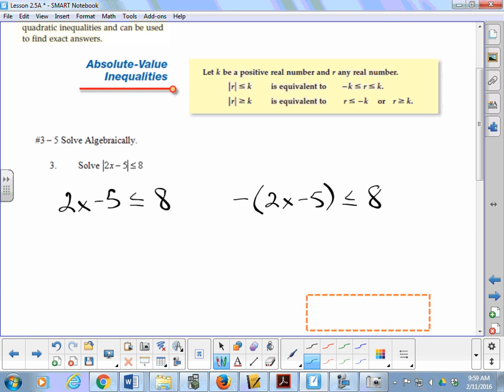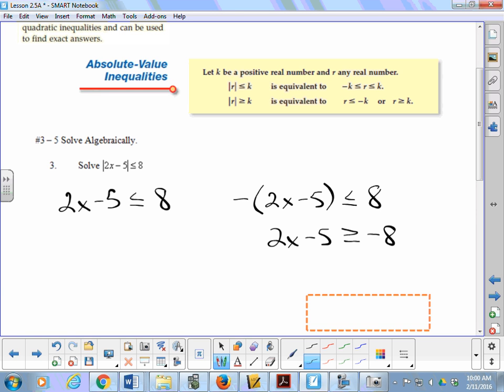What do I have to do to get rid of this negative sign here? We have to divide by -1 or multiply by -1, and because I've multiplied or divided by a negative, I have to change the direction of the inequality. So if you just remember to change the direction of the inequality and change the sign, you're okay. Only when it's an absolute value? Yes, just the absolute values.